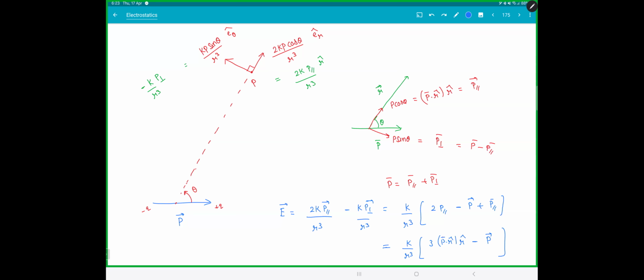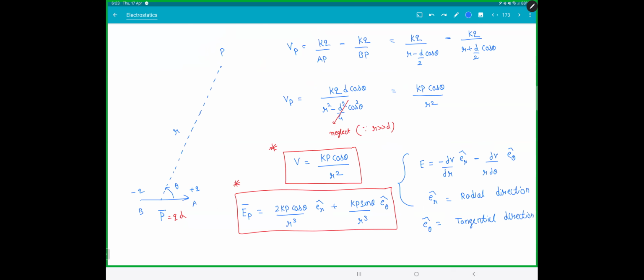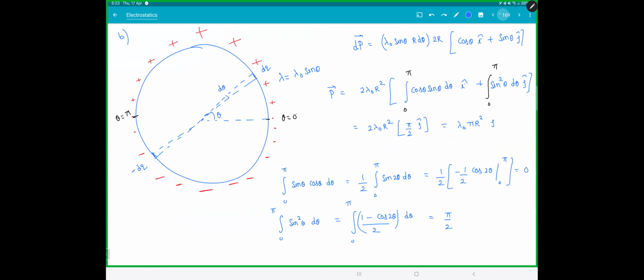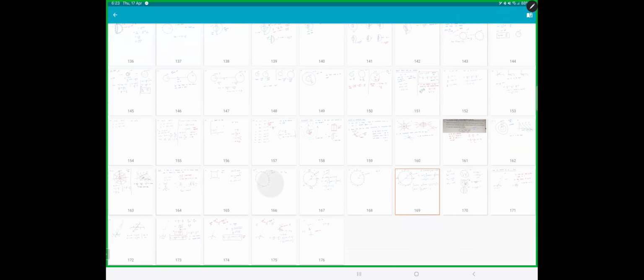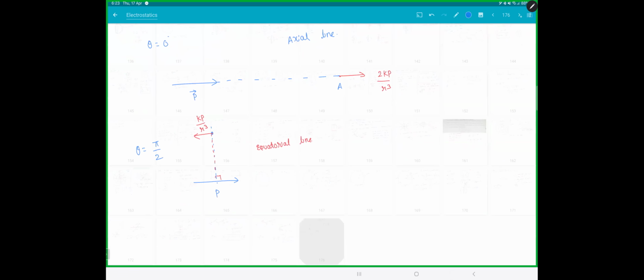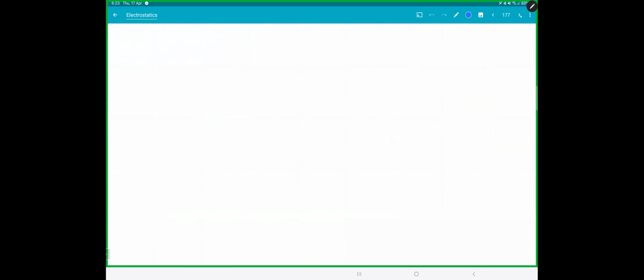So there's the second part of the dipole: how to find the field and potential due to a small dipole. You try this.